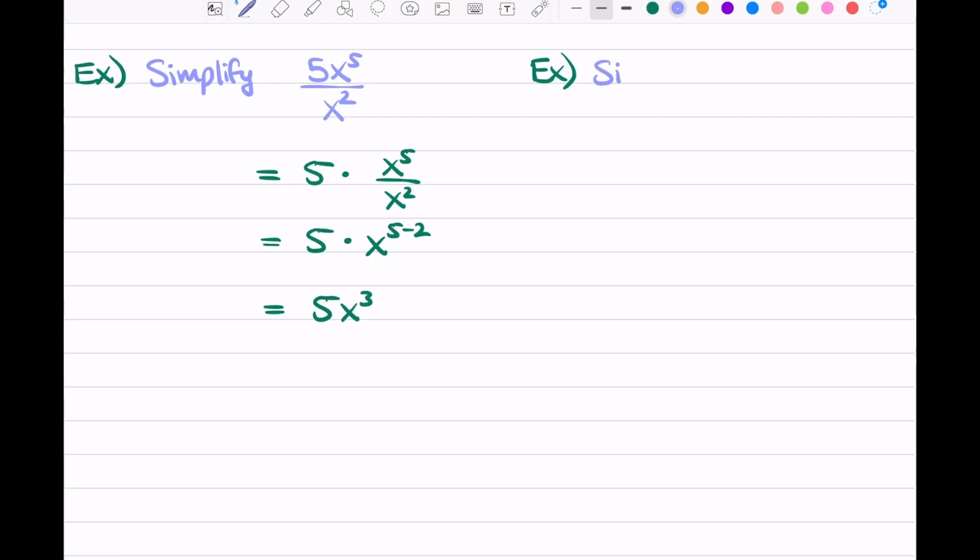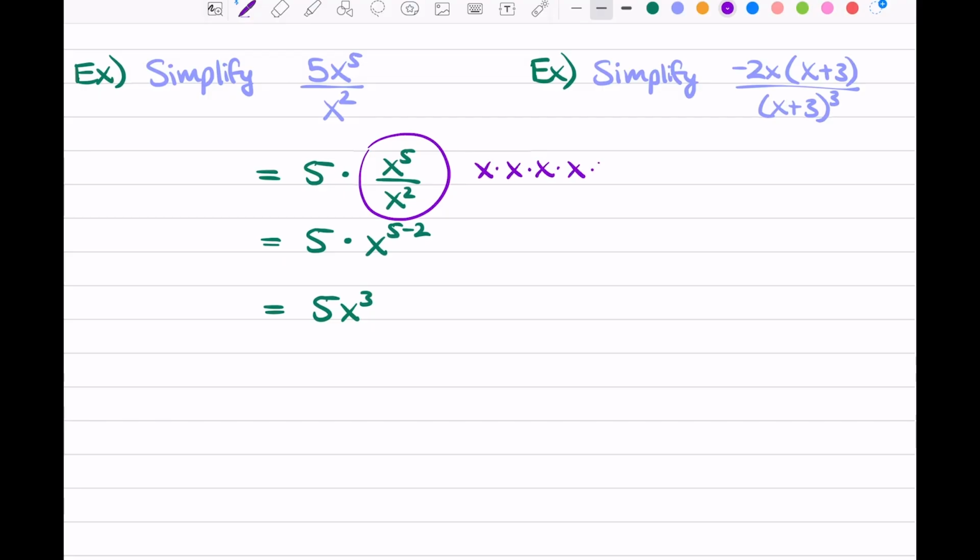All right, let's simplify negative 2x times x plus 3 divided by x plus 3 to the 3rd power. Let's take a step back and consider our previous problem. When we looked at this in earlier videos, we thought of this as x multiplied 5 times divided by x multiplied 2 times.